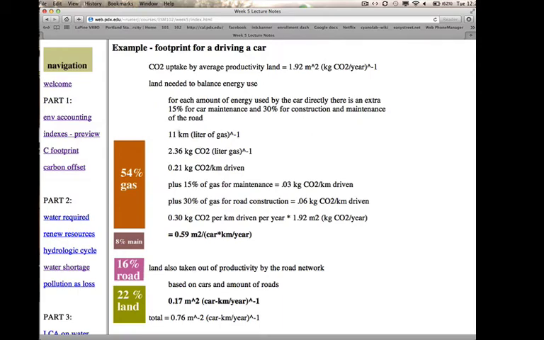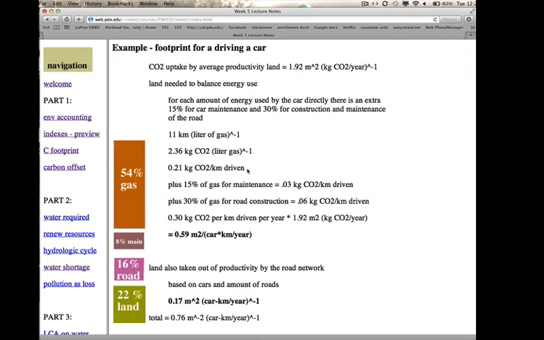So, working through the numbers, if we have a car that gets 11 kilometers per gallon of gas, and each gallon of gas burnt puts 2.36 kilograms of CO2 into the atmosphere, then we would be producing 0.21 kilograms of CO2 per kilometer driven per year.